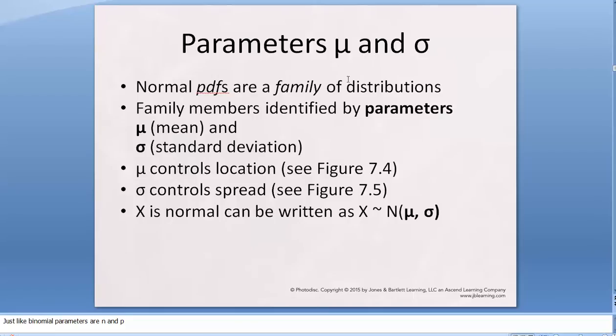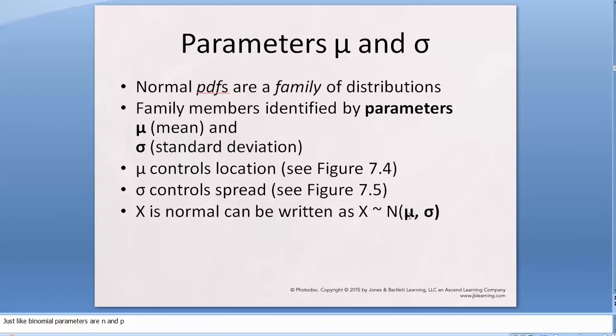Whenever you talk about a normal curve or a normal random variable, you need to ask: what is the mean value? What is the standard deviation value? These two parameters describe a specific curve. If X is normal, notationally we write X is distributed as normal with mean mu and standard deviation sigma.